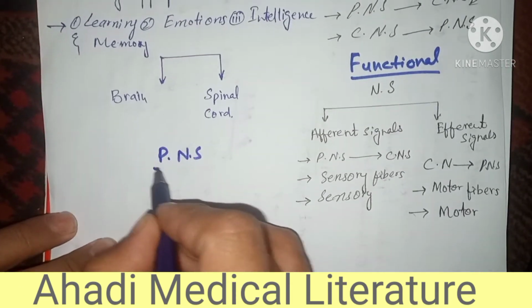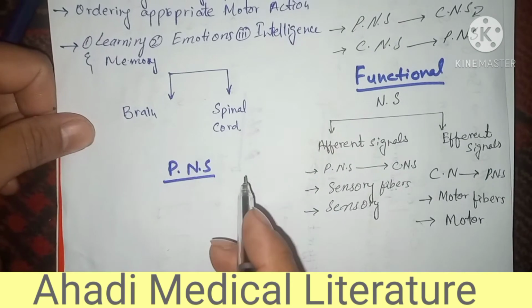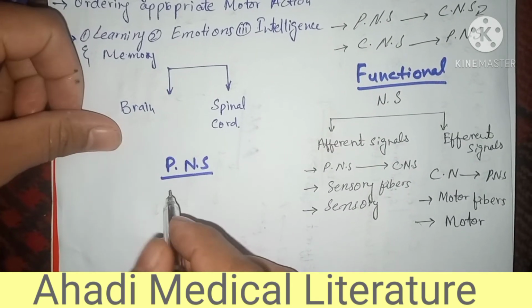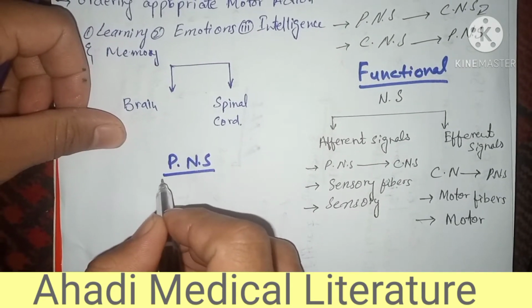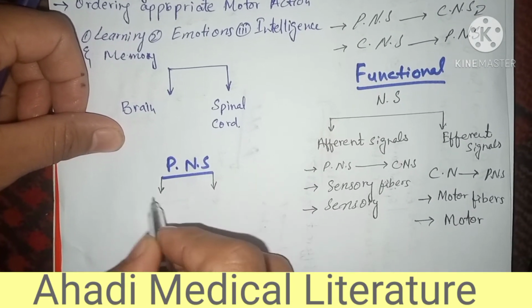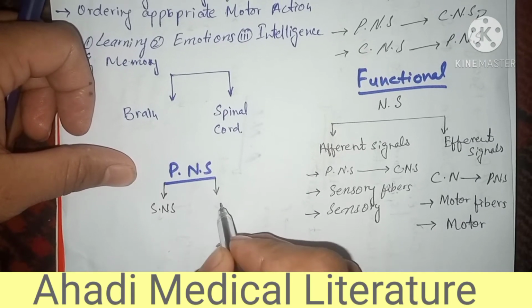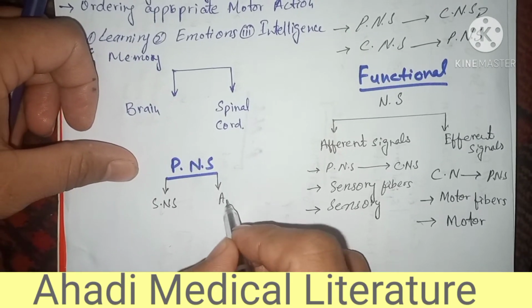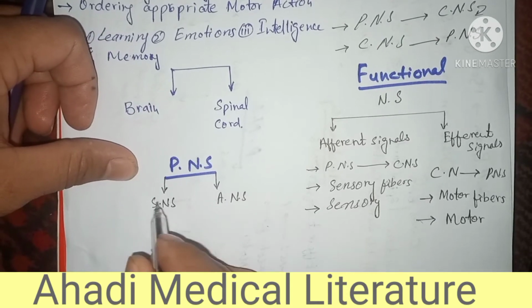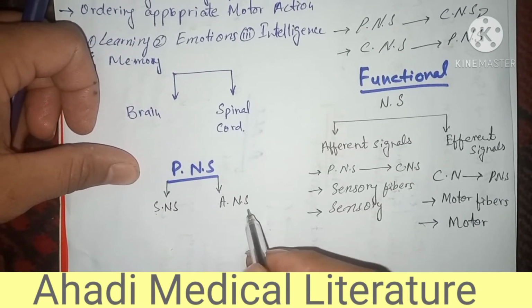PNS consists of two parts. The first is SNS, the second is ANS. Somatic nervous system, autonomic nervous system.